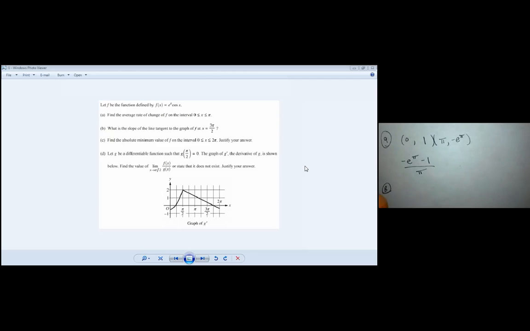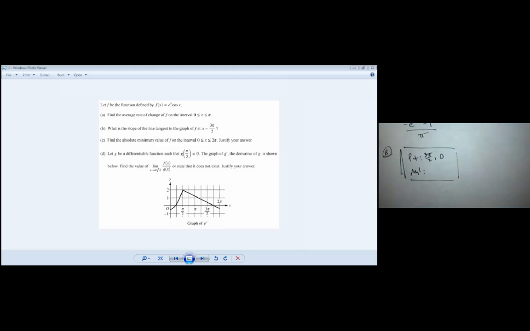How about Sarah? Yeah, so for this one, I made the box and did the point and then m prime. So our tangent line, our point is 3 pi over 2, comma, what do we get when we plug that in? I got 0, I think, because cosine of 3 pi over 2 is 0.